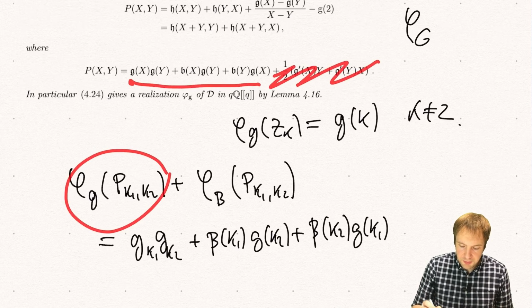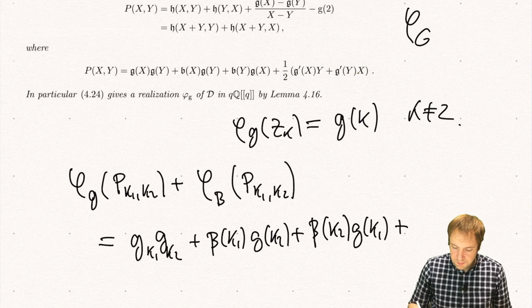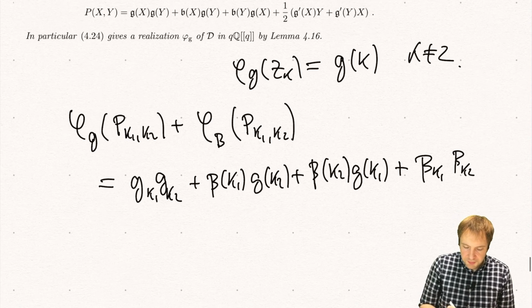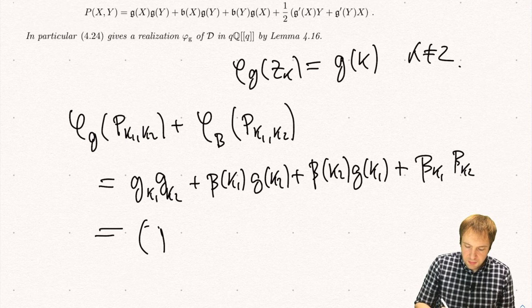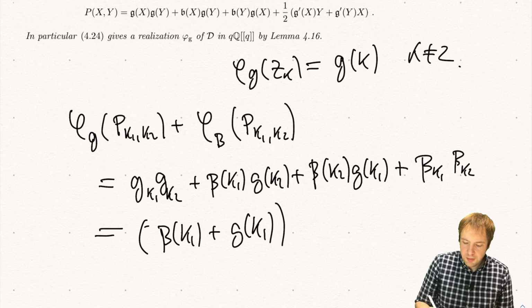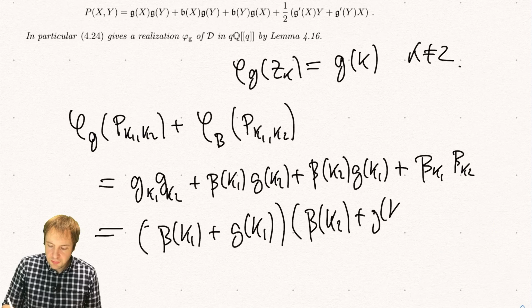Let's ignore this part here. And now from the beta we get plus beta k1 beta k2, but this is exactly just beta k1 plus g k1 times beta k2 plus g k2.